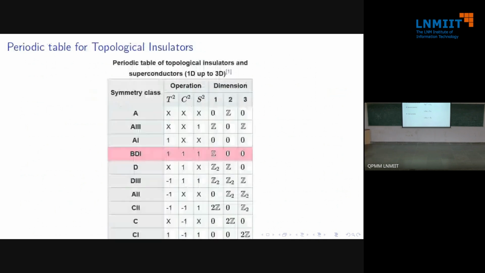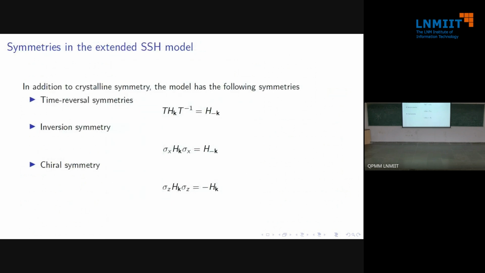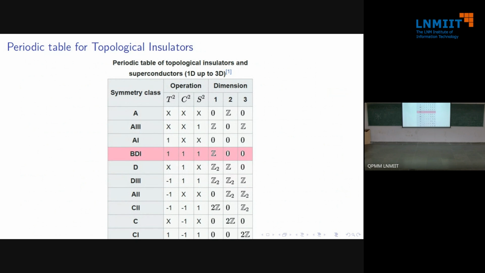Since we have time reversal, inversion, and chiral symmetry, if we look at the classification in the periodic table of topological insulators, when the system has time reversal, inversion, and chiral symmetry, in 2 dimensions we don't have a topological invariant. So this was the issue that we faced initially.